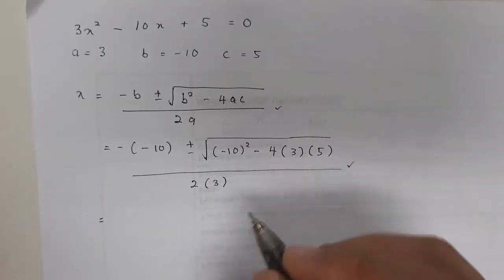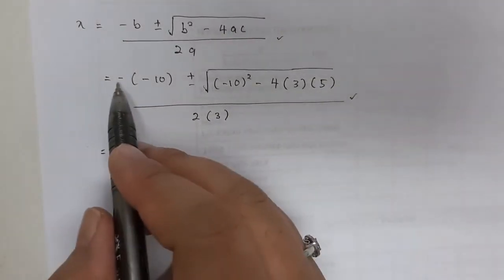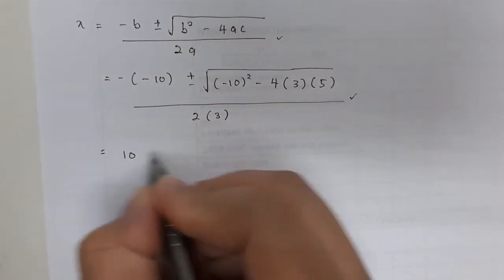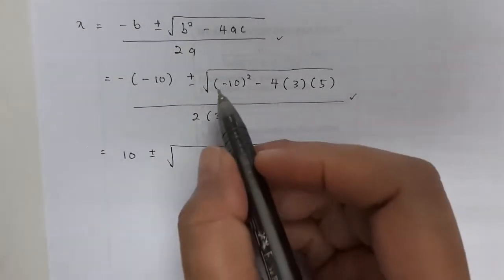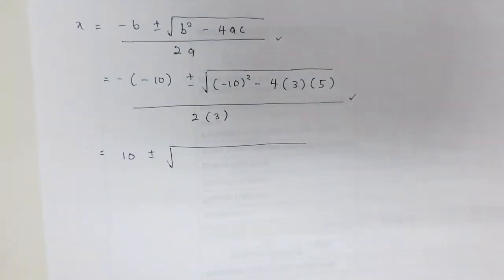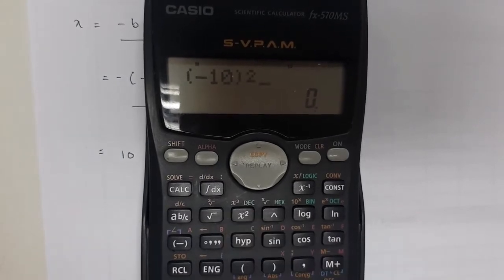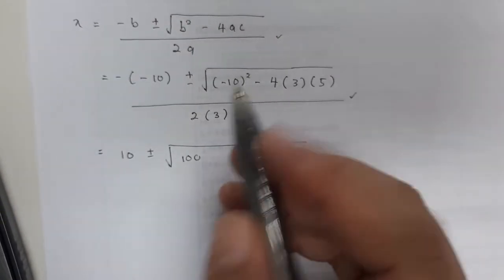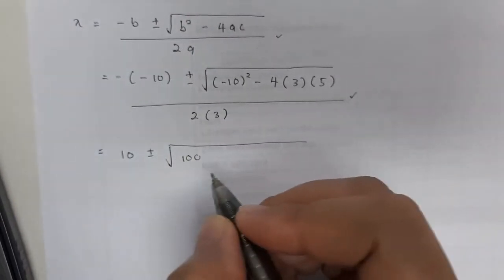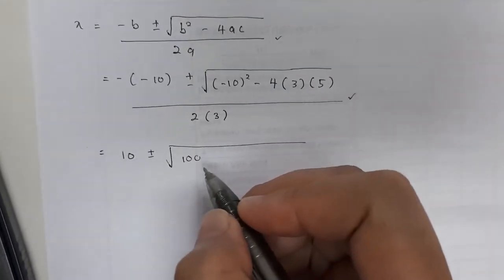Now let's try to simplify to get the answer. Negative 10 is 10. Square root. What is the value of negative 10 square? Negative 10 square equal to 100. Okay, anything square will give us a positive value. Semua kuasa 2 akan beri nilai yang positif.